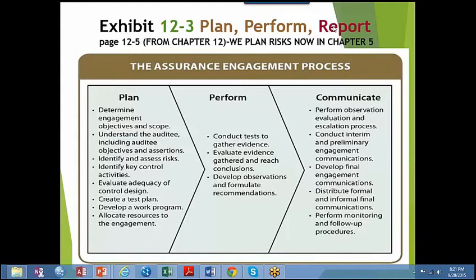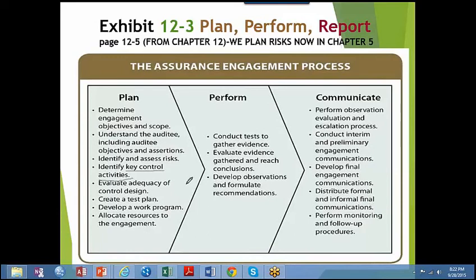Okay, very important point here, and we're going to be talking about this, is we want to identify key control activities. Well, what are key control activities? These key control activities are the controls associated with key risks. So it's very important to understand that there's a relationship between risk and control, and as we're going through the audit, we're going to find a lot of controls, a lot of risks, but we want to make sure that we're focusing on the key things that become important.